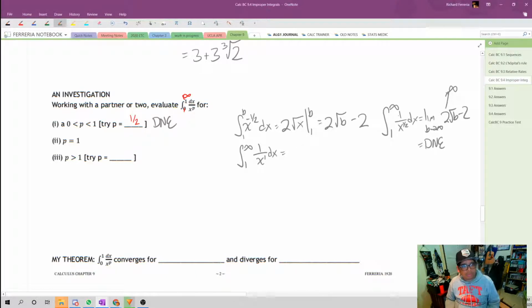That's going to be equal to, well, my antiderivative is natural log of x. So this is going to be equal to the limit as b approaches infinity of the natural log of b minus the natural log of 1. Now as b goes to infinity, this also goes to infinity. So this also does not exist.